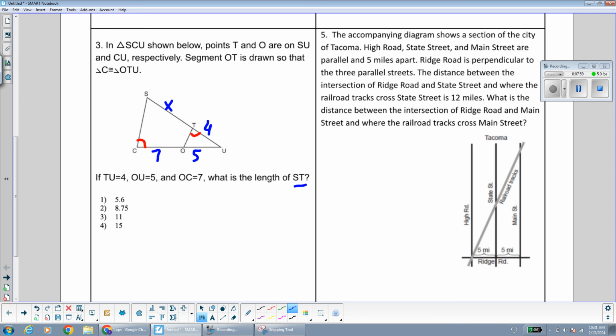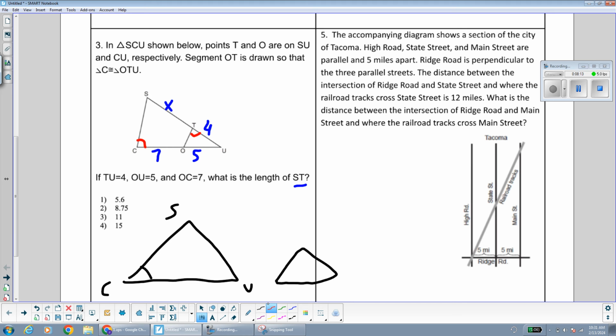Now I'm going to redraw the two triangles, facing the same way. I'm going to leave the larger triangle facing the same way that it is now. When I redraw the smaller triangle, I want to redraw it so that the corresponding angle is in the same spot, and that angle was at angle T. Since the small triangle was inside the big triangle, they have a shared angle, angle U. Angle U has to correspond to itself because it's shared between the two triangles.